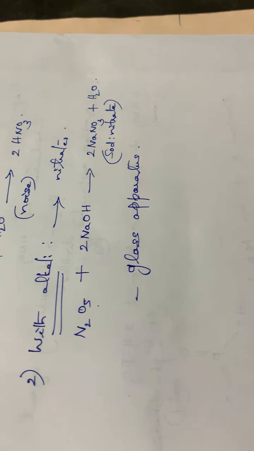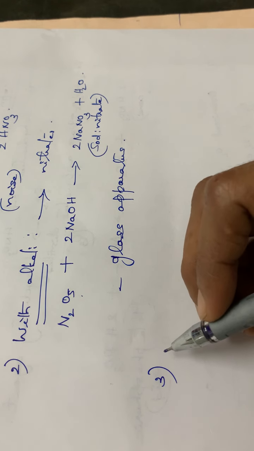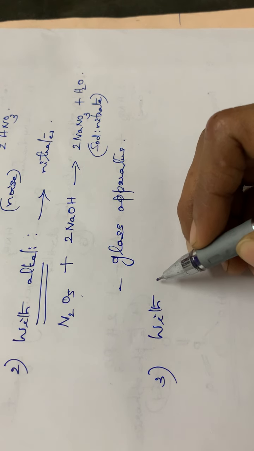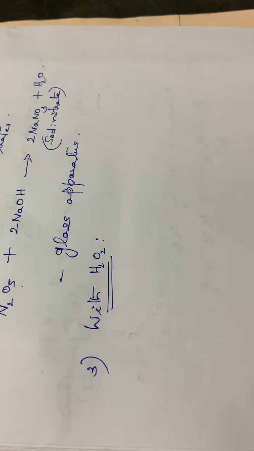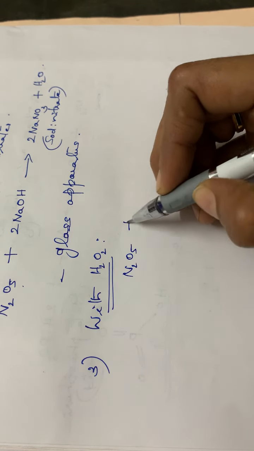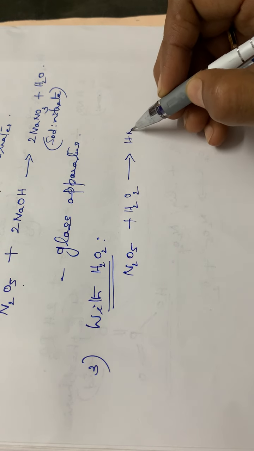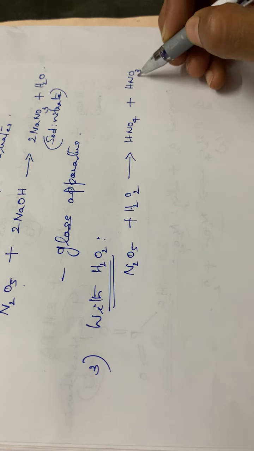Then the next one, the third reaction, with hydrogen peroxide. Reaction of N2O5 with hydrogen peroxide, H2O2: N2O5 plus H2O2 giving HNO4 plus HNO3, a mixture of 2 acids.